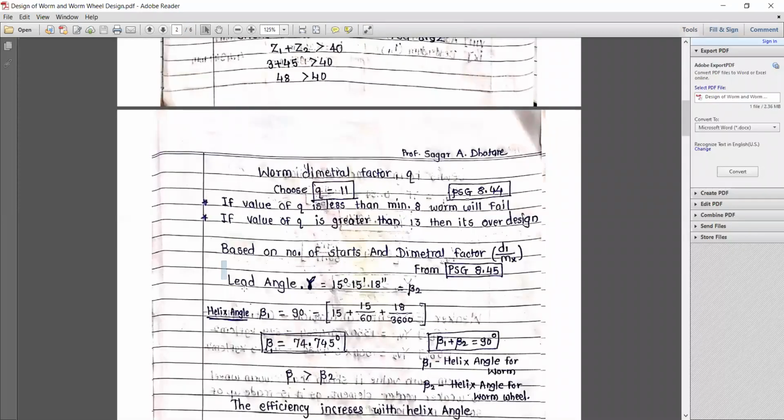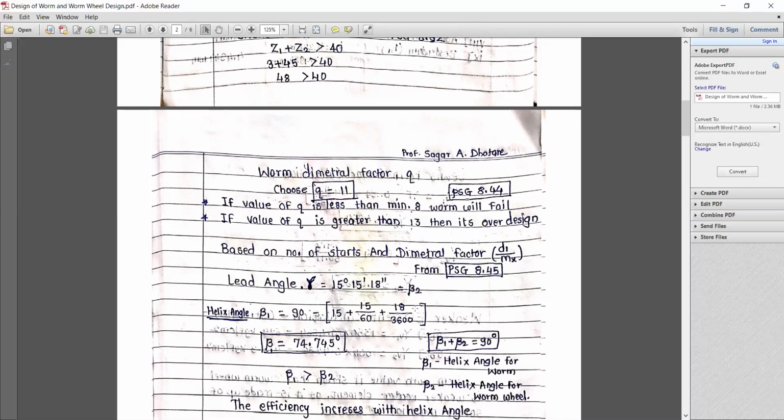Here I have mentioned beta 2, sorry, that was my mistake, beta 2. So gamma is equal to beta 2, but the combination of beta 1 plus beta 2 should be 90 degree. This angle we have found with respect to the wheel, that is beta 2, and with respect to the screw, or we can say worm, we need to find out 90 minus this 15 degree 15 minute and 18 seconds.